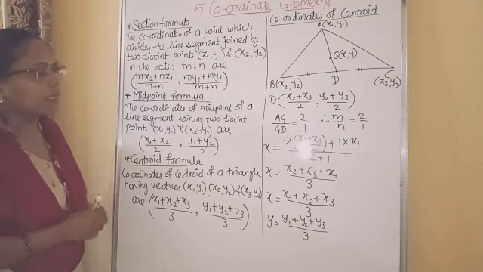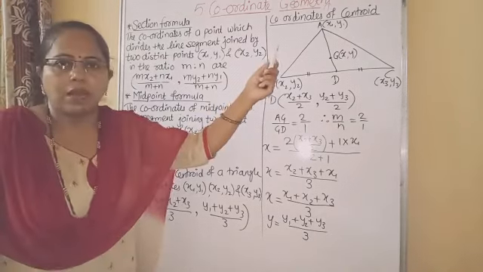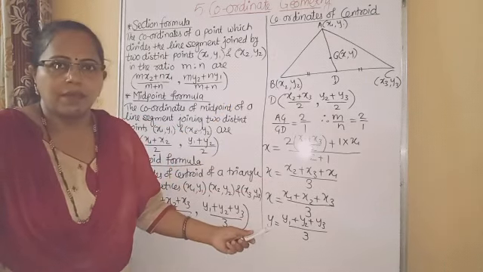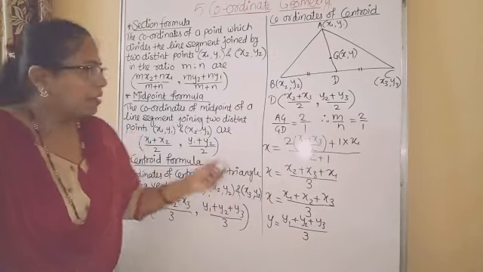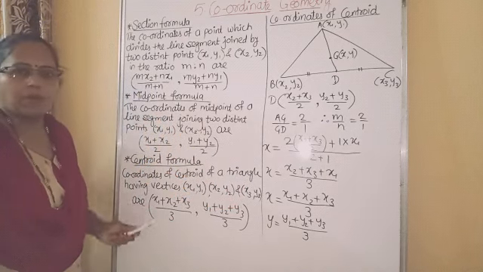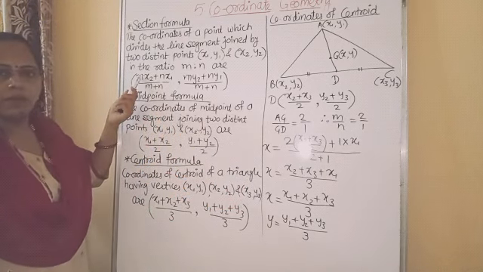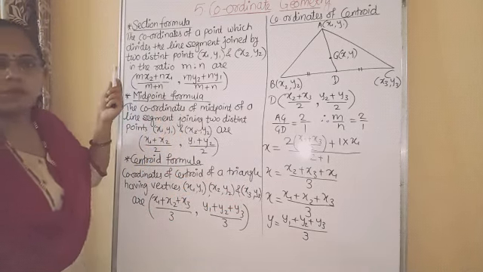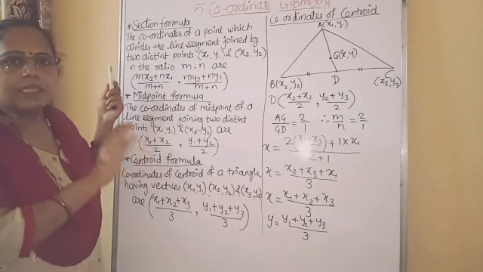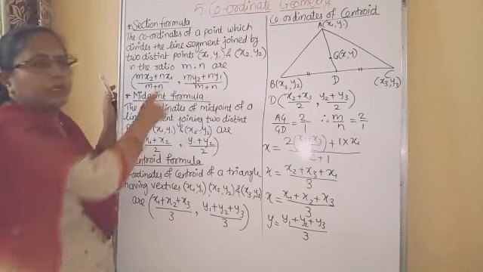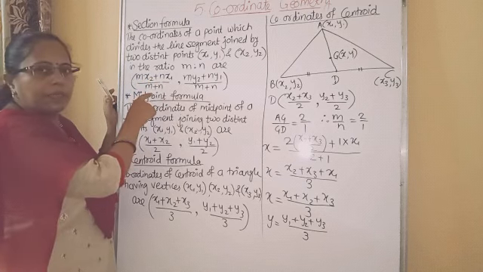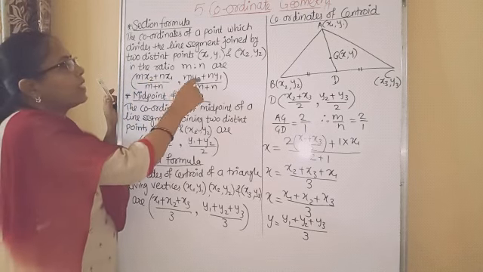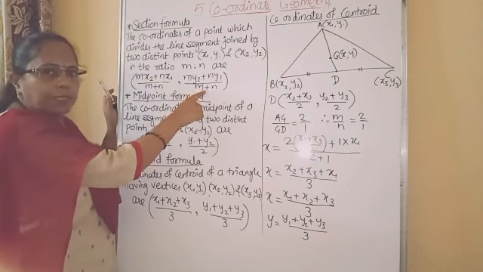Understood? Now students, in the exam they will not ask you to derive the formula, but you should know how the formula comes. You have to remember these formulas. The section formula, to find the coordinates of a point which divides the segment in the ratio m is to n: the x coordinate is (m x2 plus n x1) upon (m plus n) and the y coordinate is (m y2 plus n y1) upon (m plus n).